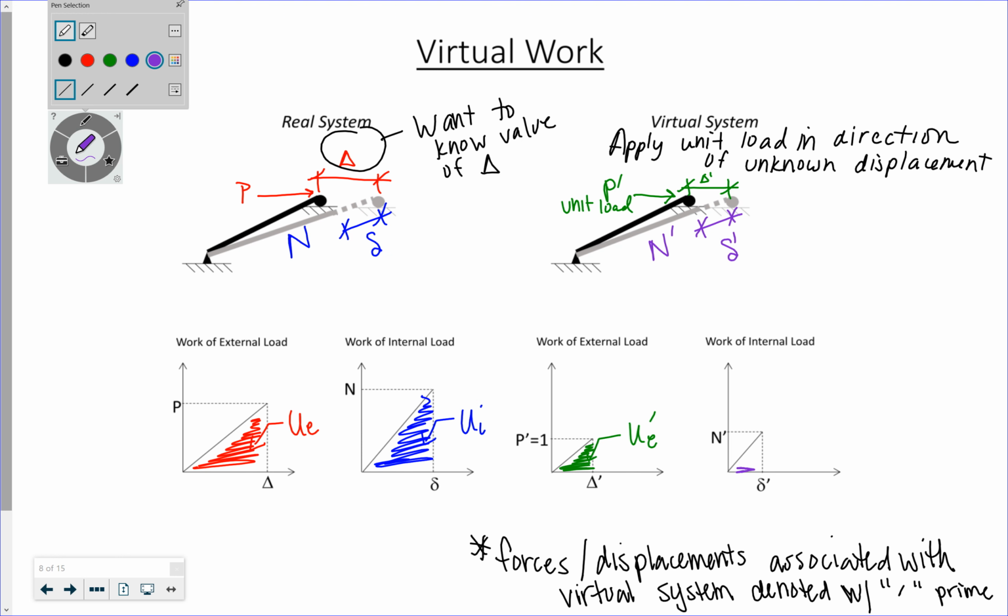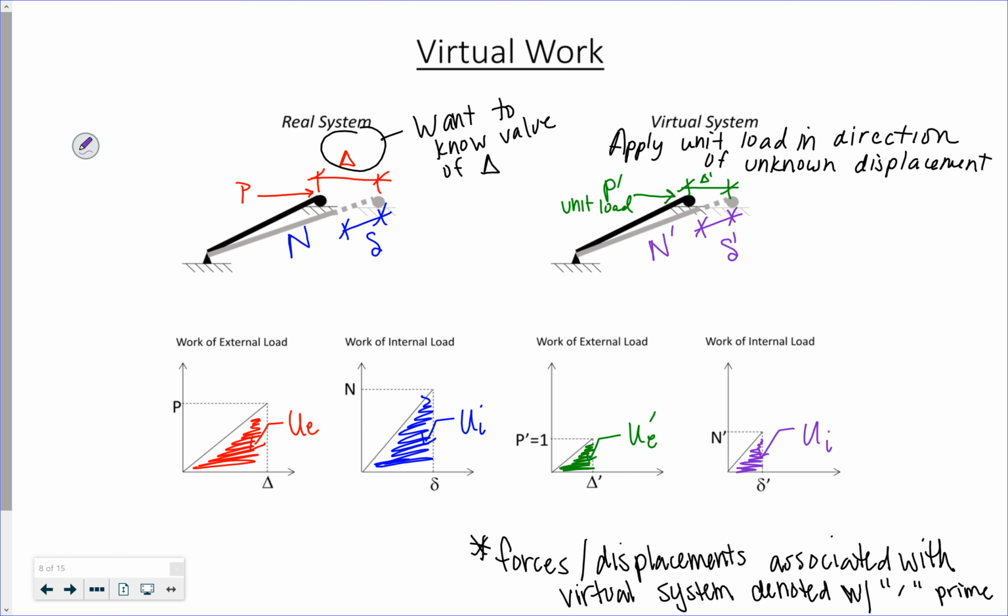And I have my internal virtual work strain energy, UI prime. Okay.